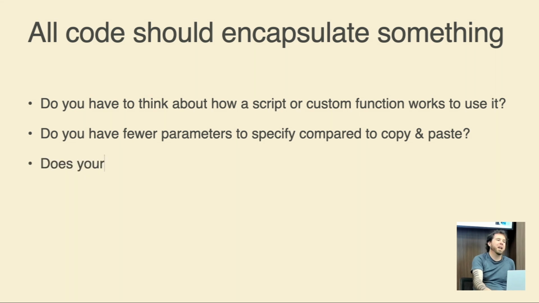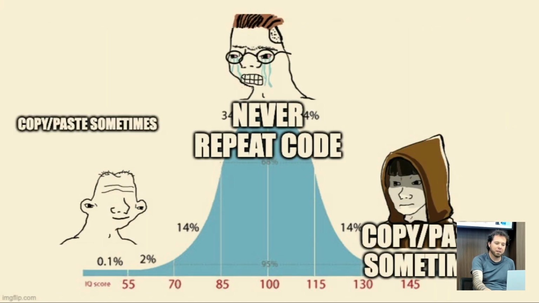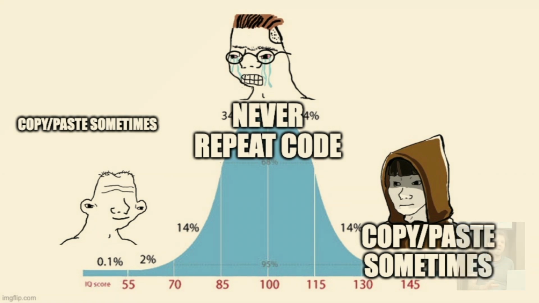Does your script make some decision for you so that you can think about other things while you use it? And if not, it's perfectly okay to copy and paste and edit blocks of code if there's a certain pattern you want to repeat. Not everything benefits from being wrapped up in a reusable module.